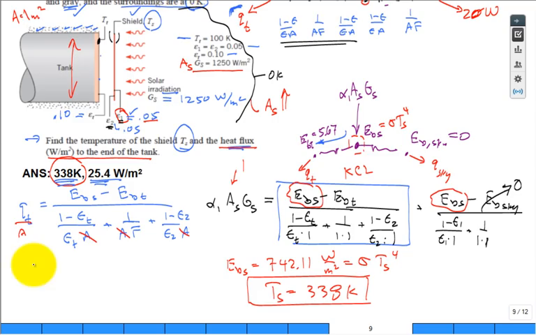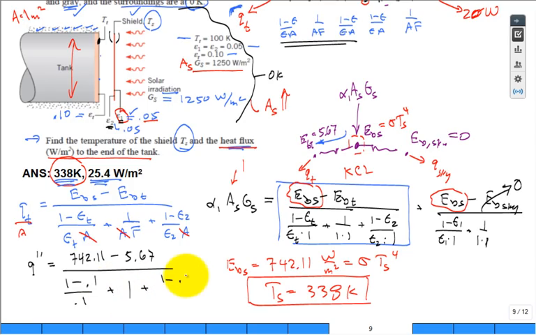And let me just leave it as an exercise. Then the flux is the EB of the surface, 742.11, minus that of the tank, 5.67, divided by 1 minus 0.1 over 0.1 plus 1 plus 1 minus 0.05 divided by 0.05, and then you calculate 25.4 watts per meter squared.